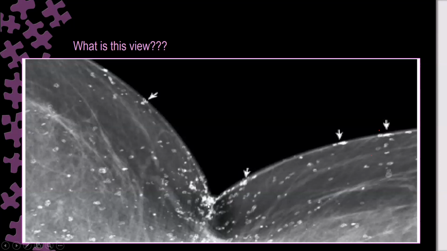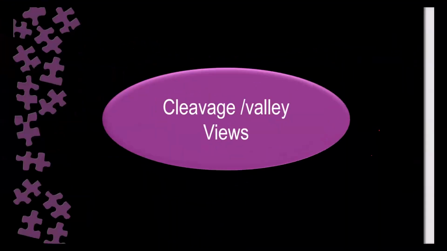So this is, you said, Sumaya, go ahead. Valley. Yes, you are right. Why are you hesitant? It is a valley or cleavage view. The valley between the breasts, or the cleavage view.